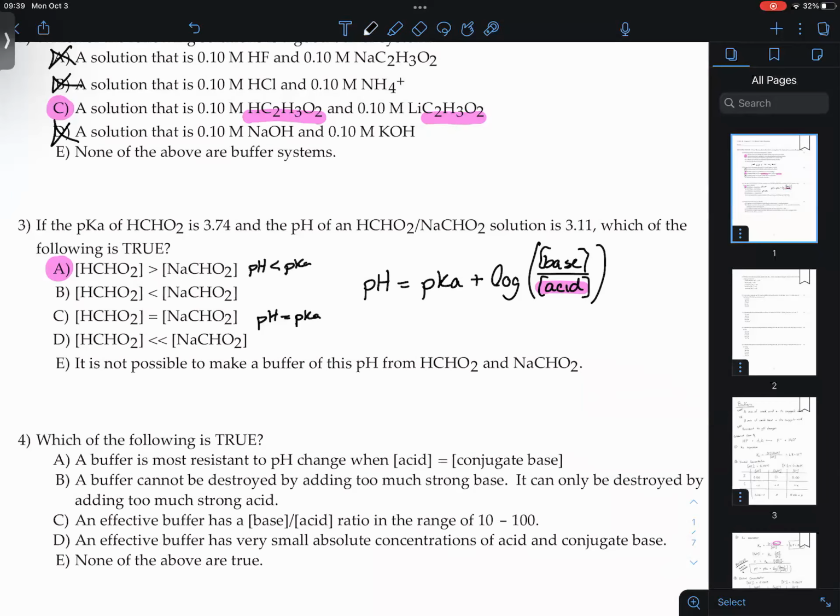If we have more base than acid, it's going to be the opposite. This is when the pH would be greater than the pKa. Okay, so again, going back to that Henderson-Hasselbalch equation, the only time that the pH is going to equal the pKa is if those two concentrations are exactly equal.